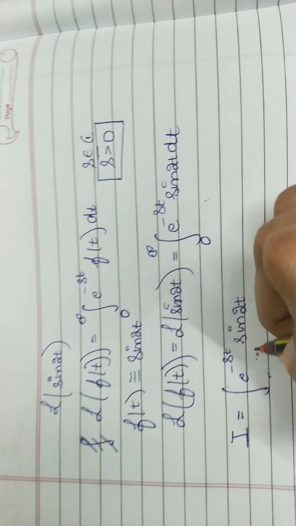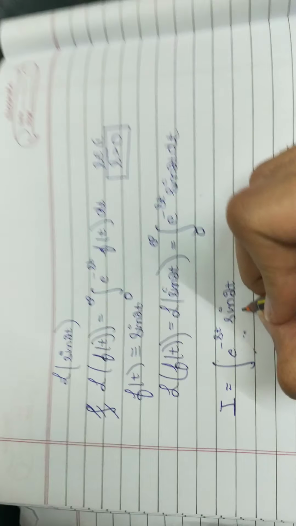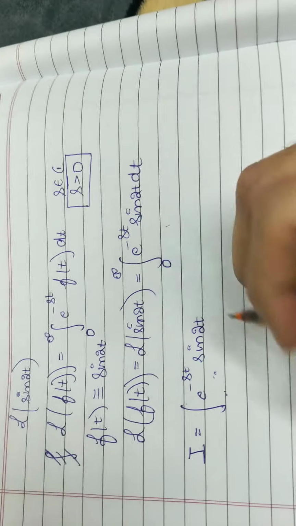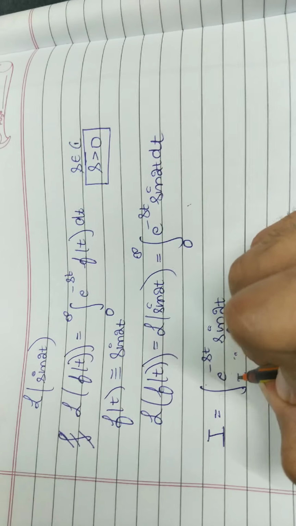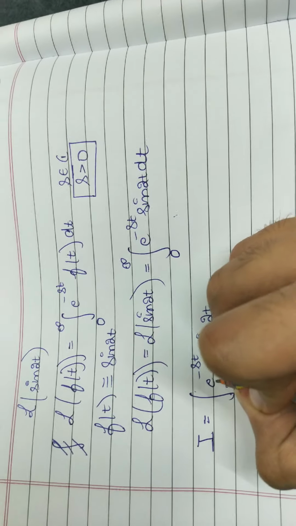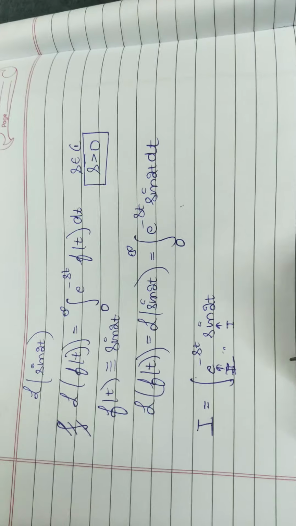So for solving this integral, we have to use integration by parts. So I'm gonna name sin 2t as my first function and e raised to power minus st as my second function.